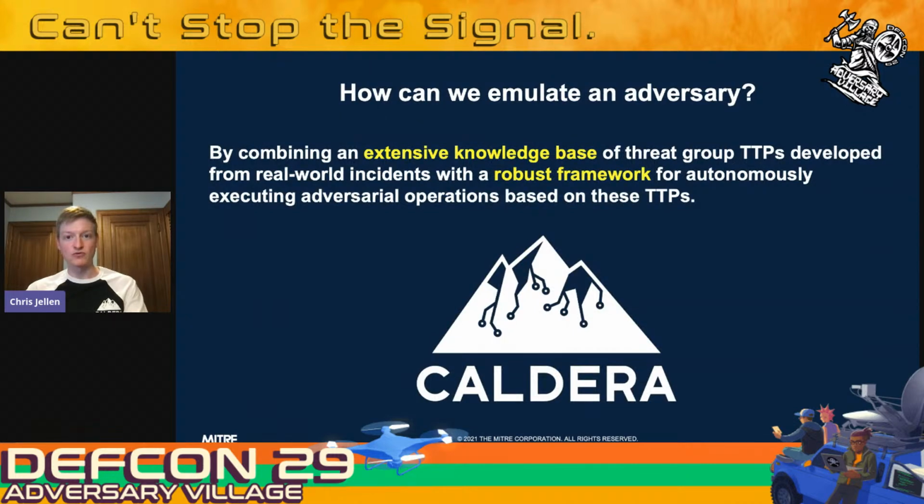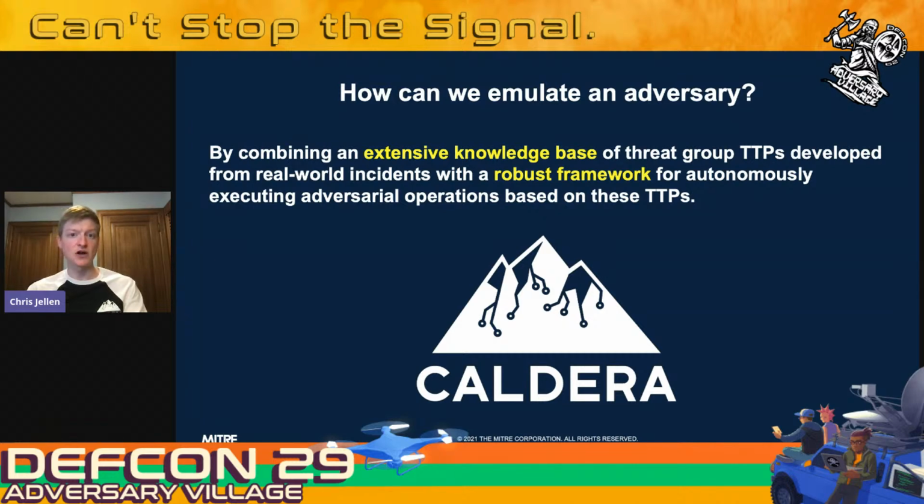The real question we're going to start with today is how can we emulate an adversary? We might know quite a bit about how adversaries and threat groups behave. We have an extensive knowledge base of common TTPs that's based off of real-world cyber incidents.